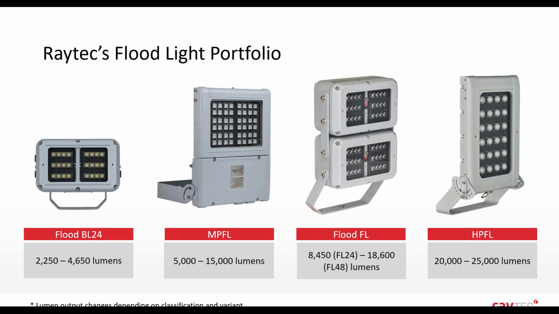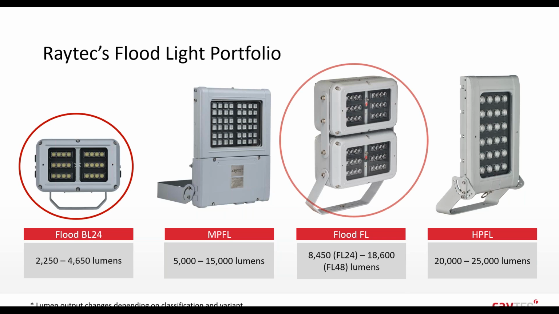Having this array of lumen options across the range really does allow us to provide a floodlight solution for any application. So just a quick note, flood BL24 and flood FL24 and 48 both come with emergency variants.